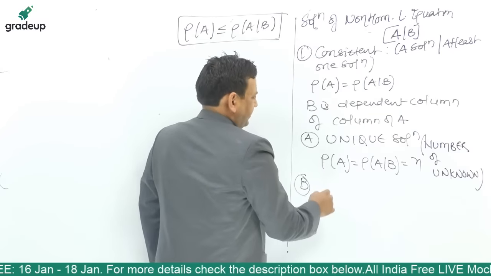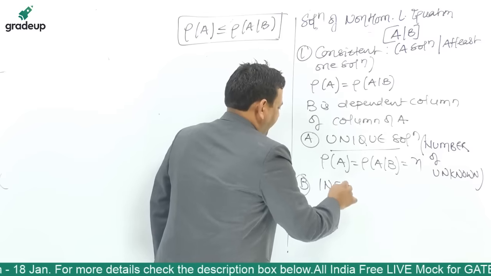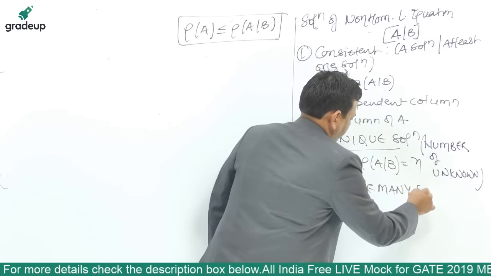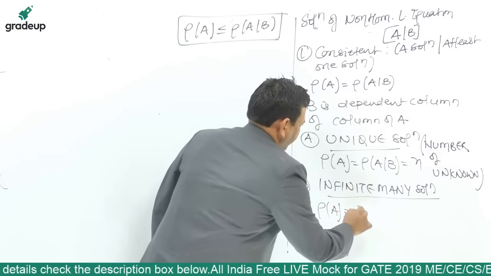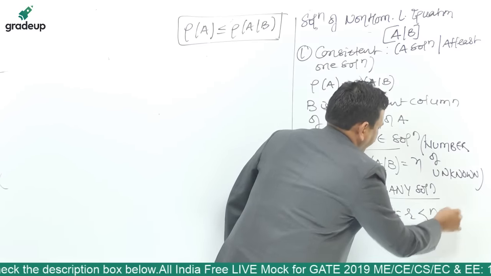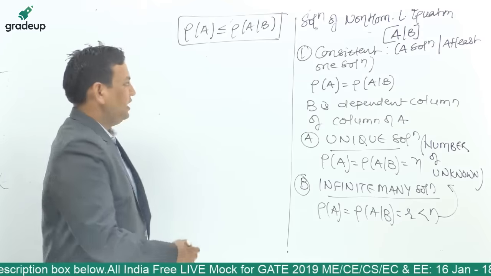Unique solution, or only one solution. Infinitely many solutions: we will say the rank of A is equal to the rank of AB is equal to r, which is less than n. Then we will say infinitely many solutions.